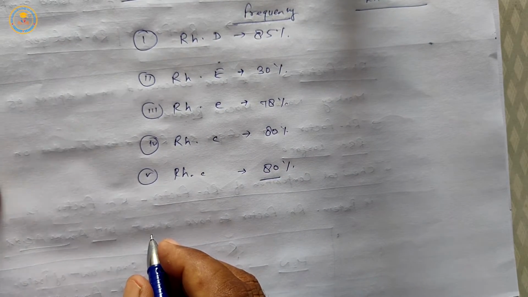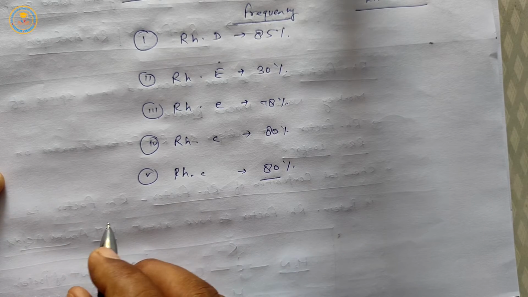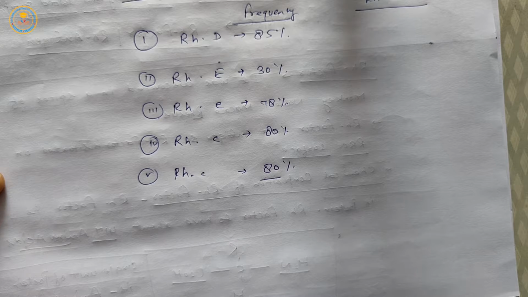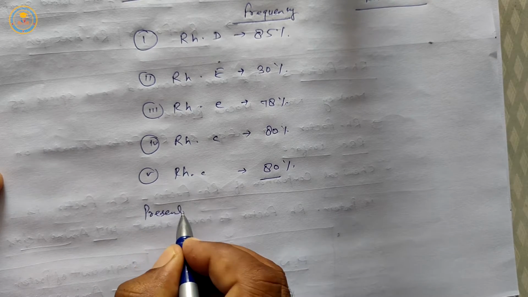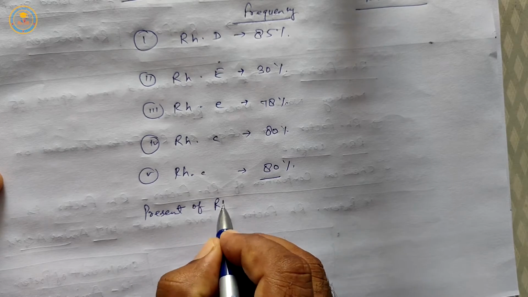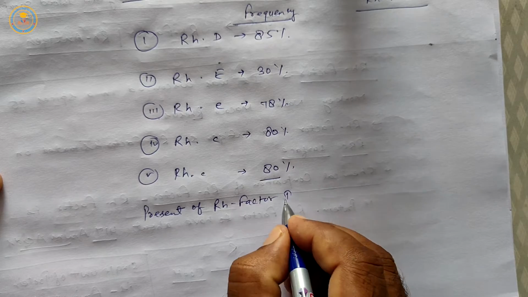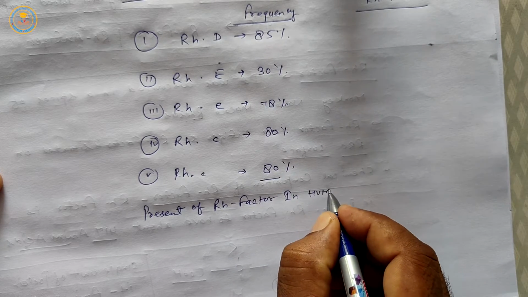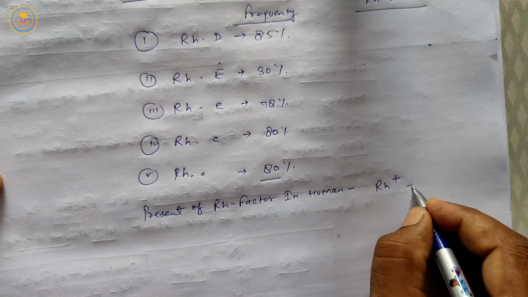Next is the presence of Rh factor in humans. If Rh factor is present on the RBC surface in humans, it is called Rh positive.